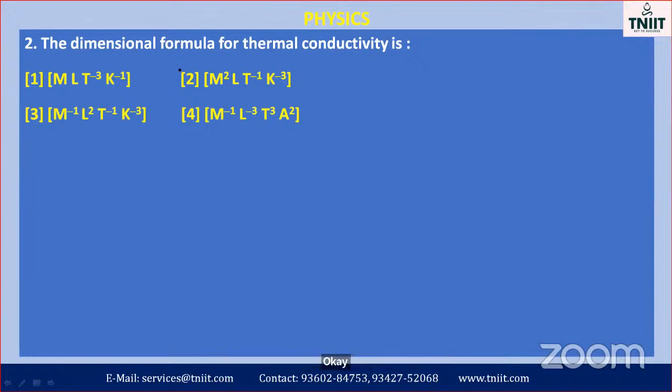What is the dimensional formula for the thermal conductivity? Now, before going to define the thermal conductivity, you must know whenever the amount of heat energy, Q represents energy, is going to be supplied, it is given by K into A into temperature difference into the time divided by the thickness.